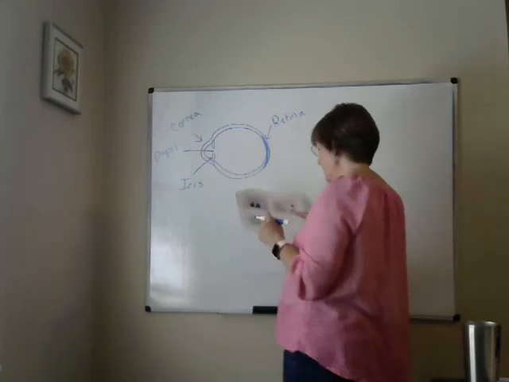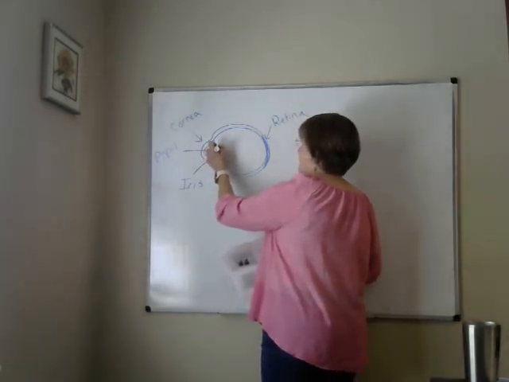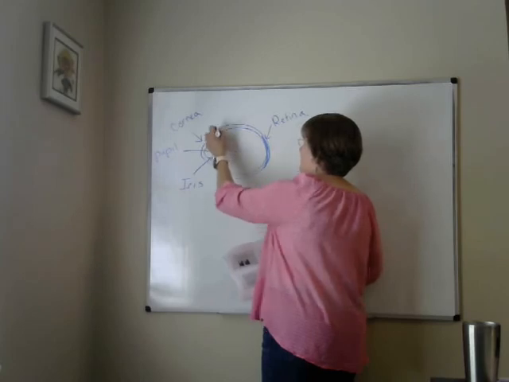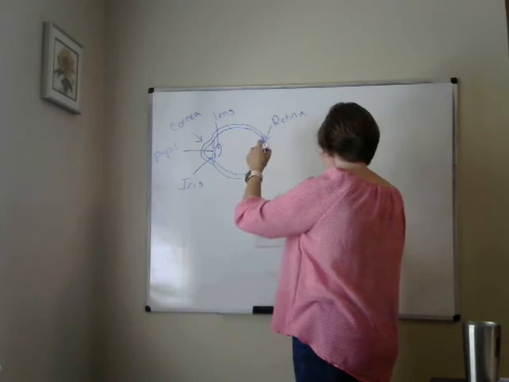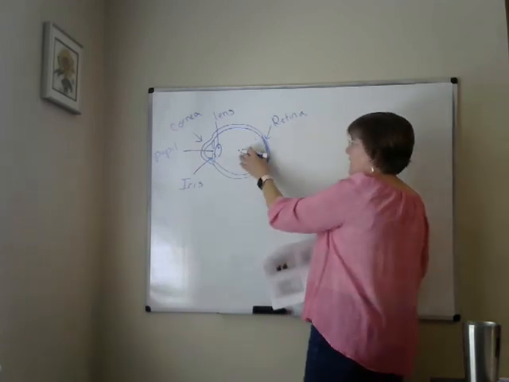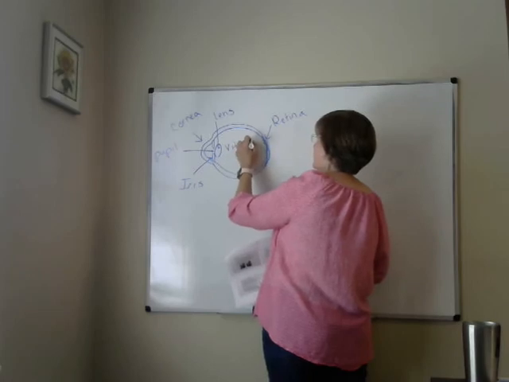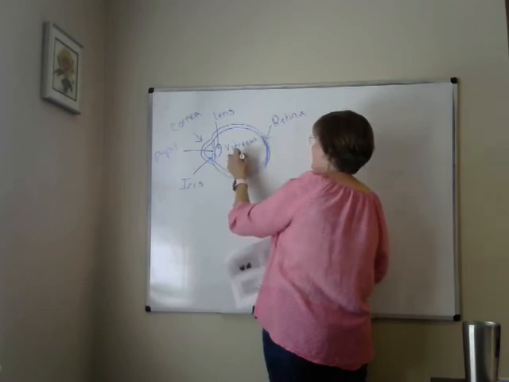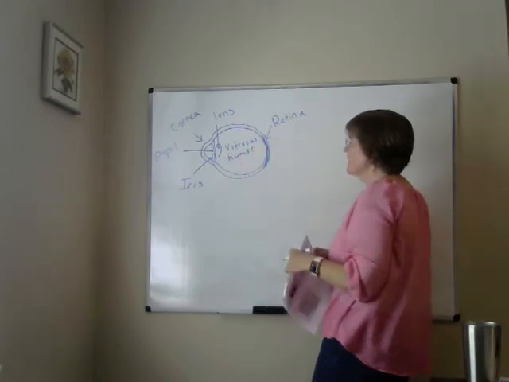And then right behind the pupil is the lens. And then all in the middle here is this kind of jelly liquid called the vitreous humor. Humor, that's an O.